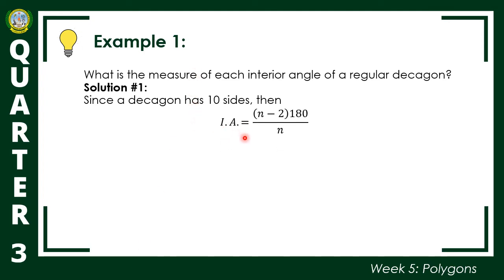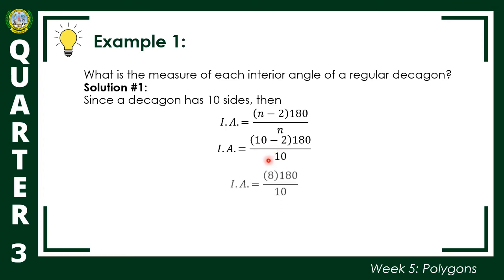IA equals quantity (n minus 2) times 180 all over n. So, what we are going to do is to simply substitute 10 to n. Kaya magiging (10 minus 2) times 180 over 10. And by following the PEMDAS po, ang uunahin natin is yung 10 minus 2.